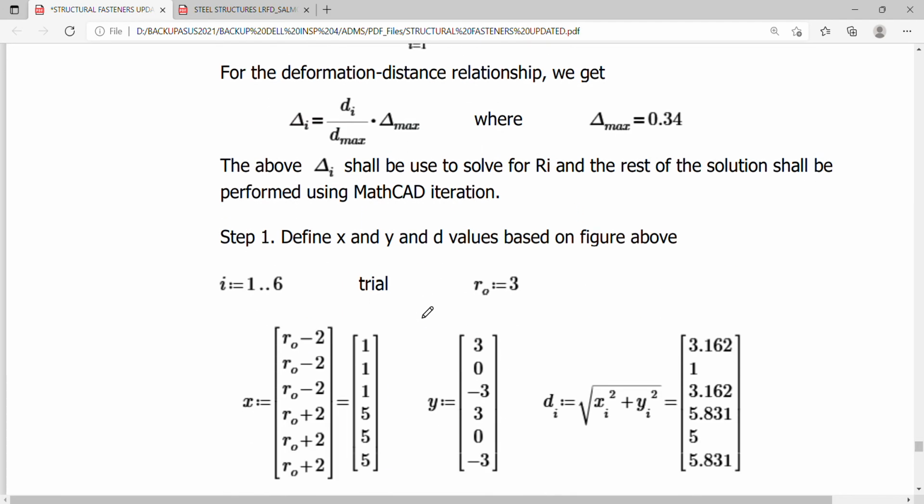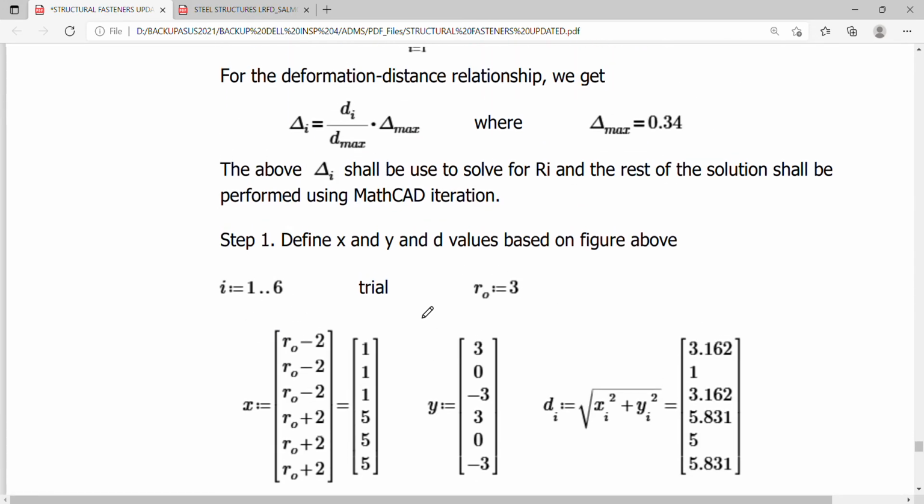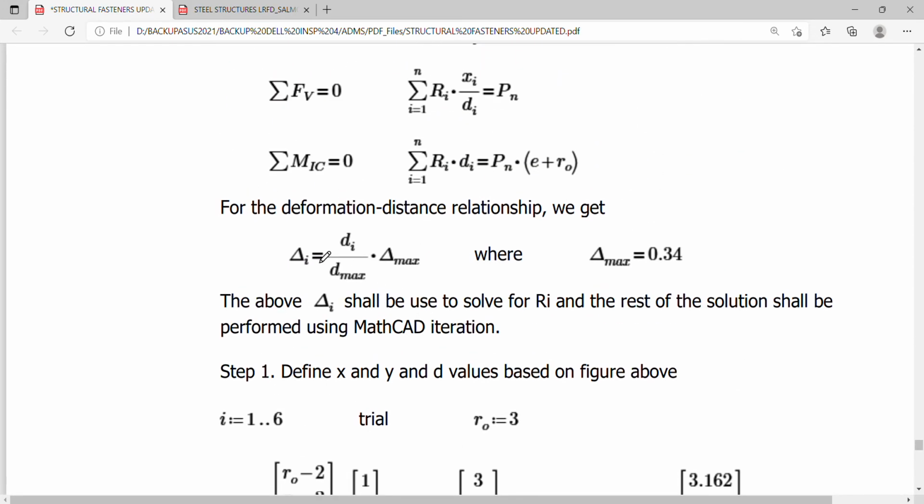Okay? And therefore, if I have here a delta i over a delta max, then the distance di can also be related to your distance maximum, where delta max is 0.34, so that the above delta i shall be used to solve for Ri, and the rest of the solution shall be performed by simple iteration.